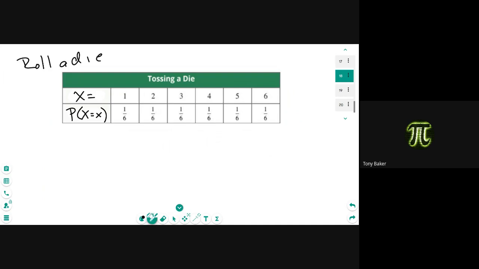All right, so let's see. It costs you $10 to roll the die. If it comes up to be, let's see, 0.